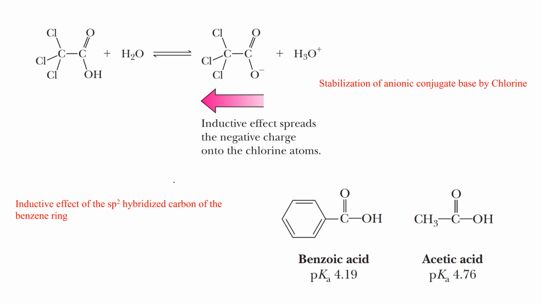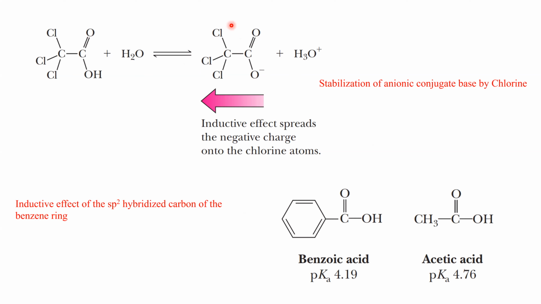Here is another example. To make it more elaborate, this is trichloroacetic acid, and again this is its ionized form, and there is the hydronium. Now you can compare. Right now we have added three chlorine atoms, so these chlorines are covering all sides of this carbon.